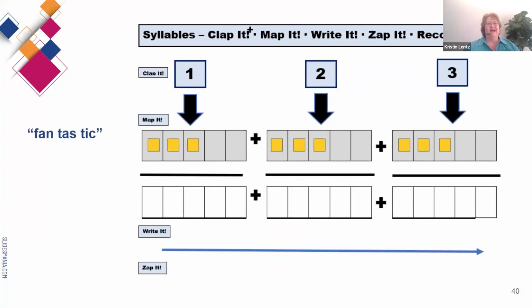So for example, if I have the word fantastic, I could say the word fantastic. We could clap out the syllables of fantastic. We might map each syllable individually. It's easier to map by syllable than trying to map the entire word. Hence the reason I was showing the examples with scooping those syllables as well.